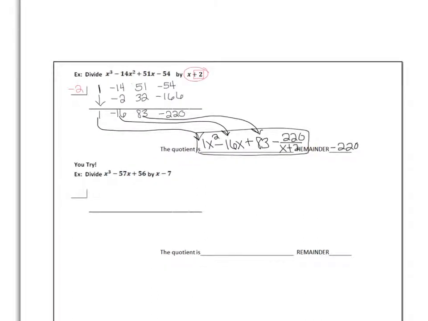Now, we're going to start the try, and then you're going to finish it on your own. The reason that I want to start it is look at your exponents. We start with an exponent of 3, which means we should see an exponent of 2, then an x, and then just a number. So if you look here, we're missing an x squared.